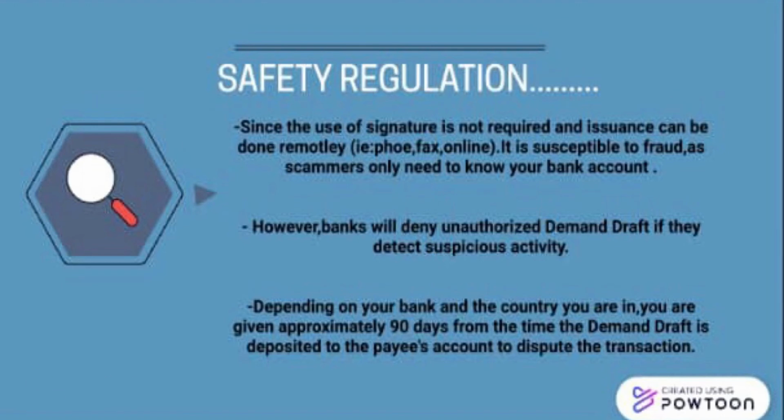For example, the United States Federal Reserve issued a regulation that shifts the liability for loss from the drawer's bank to the payee's bank. As a result, it helps the drawer to avoid paying for a fraudulent demand draft.